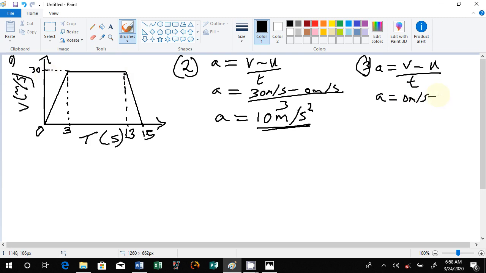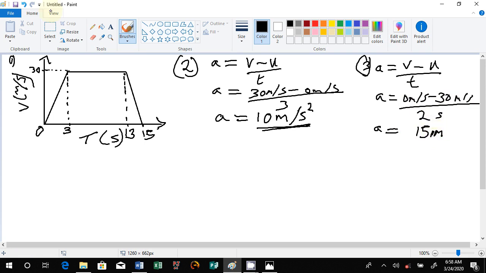So we say 30 meters per second. Then we say over the time taken from 13 to 15, it's 2 seconds. Then the value of the acceleration, or retardation, is equals to, 0 minus 30 is negative 30, divided by 2, you have the answer, which is negative 15.